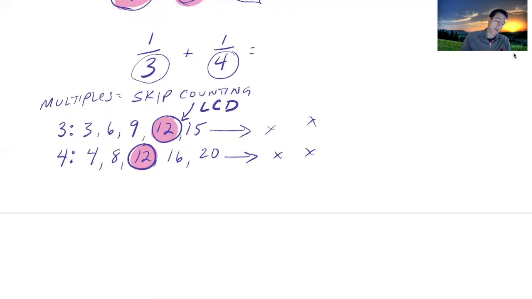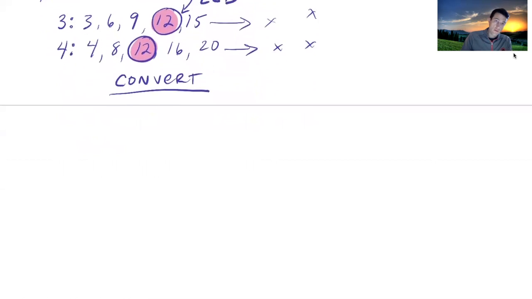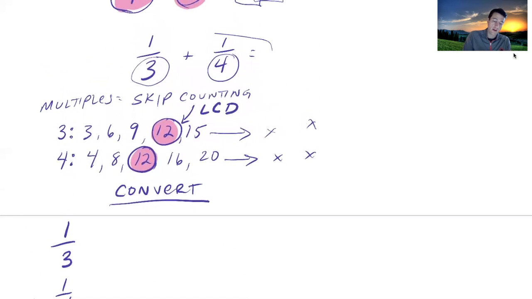We have a common denominator, and now we have to do the next step, which is convert. We have to make each and every one of those, there's actually only two of them in this question, 1/3 and 1/4, into a fraction with a denominator of 12. So I'm going to take this problem and rewrite it vertically. Remember, this is the same problem that we had earlier, right here.